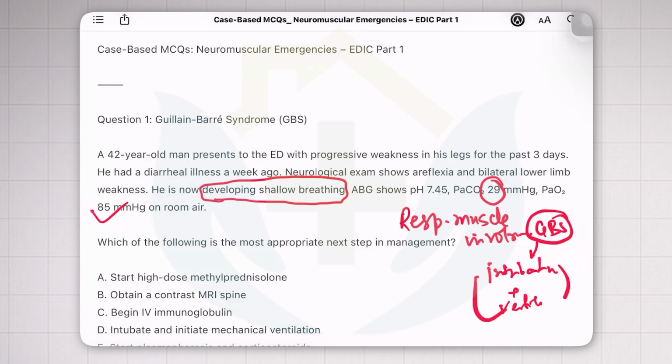Now, this is where the intensivist's role comes in, to identify those patients who are in immediate need of intubation and ventilation. So this patient has all the signs of impending respiratory failure.